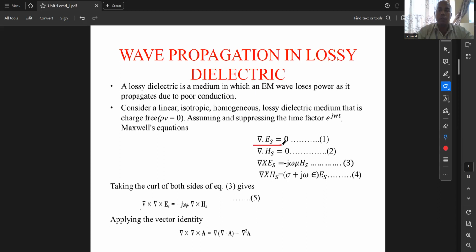So del dot Es is equal to 0, and del dot Hs is equal to 0.